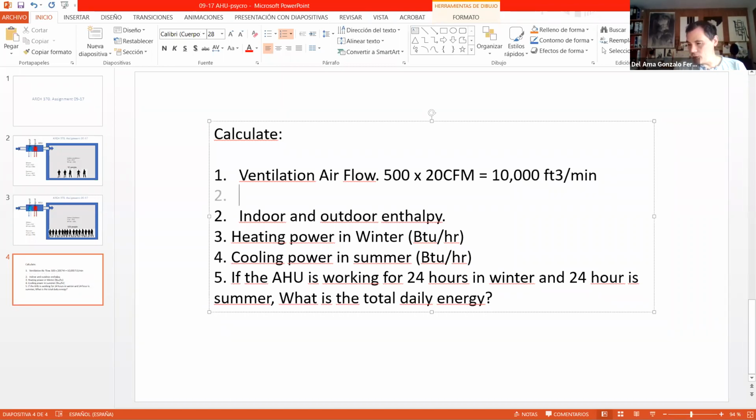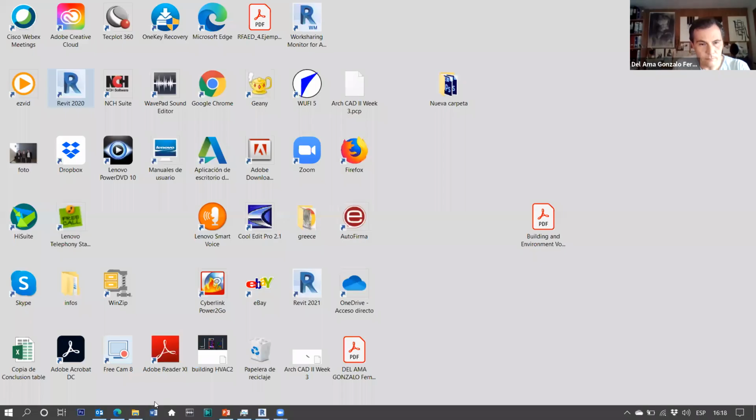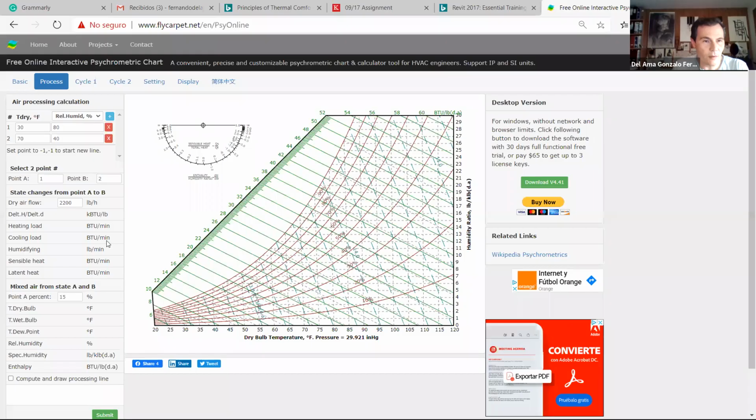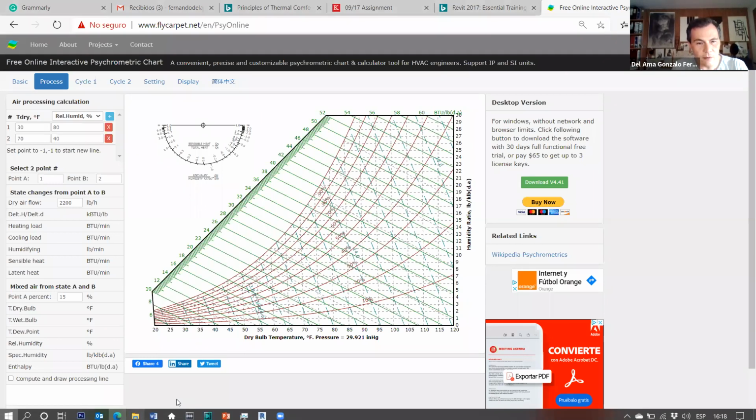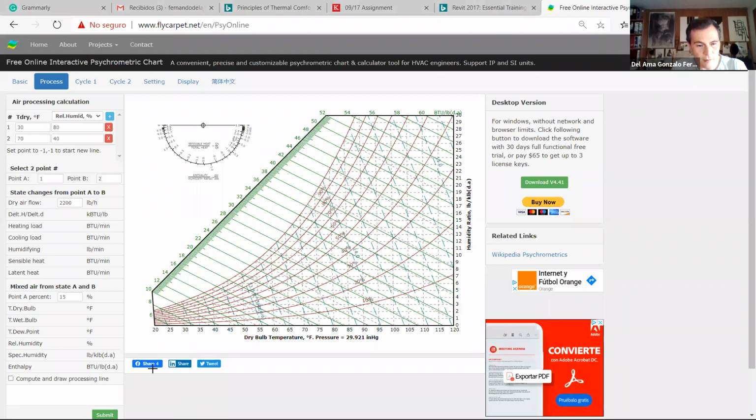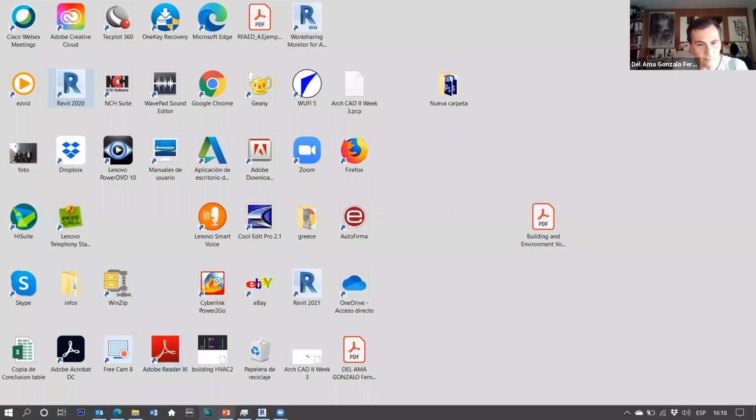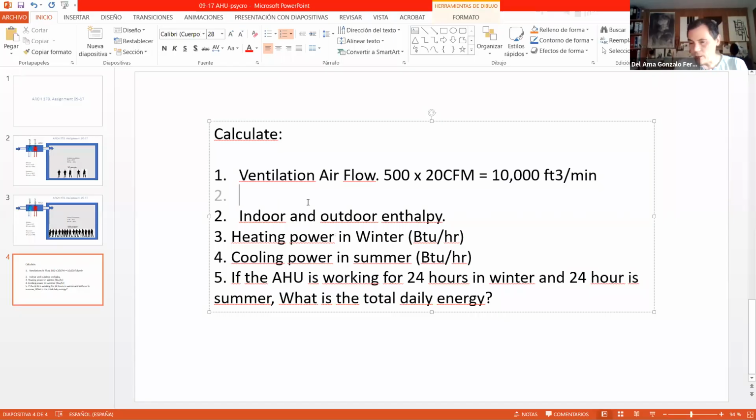Now, if we go to the chart, we need the ventilation airflow in pounds per hour. So we have to transform cubic feet per minute into pounds per hour. So let's do it. How can we do that?